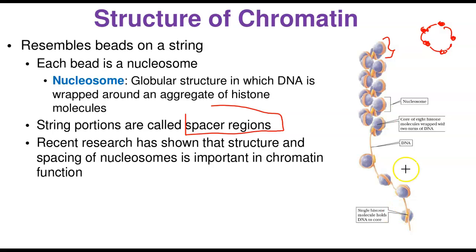So this is how the DNA is wrapped around and then placed inside the nucleus. A single histone molecule holds the DNA core at this point, like a bead. So this is the structure of the chromatin.